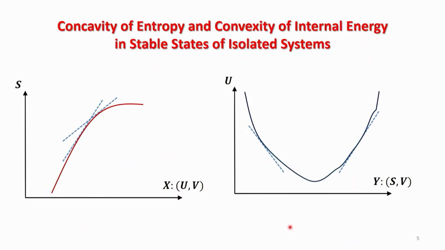Now, moving ahead, pictorially I can represent it like this. So, I know that the functional dependence of entropy on its extensive variables should be such that the curve lies below its family of tangent planes. In contrast, what happens in the case of U is that here the functional dependence of U on its natural extensive variables will be such that this curve lies above the family of tangent planes that describe this functional dependence.